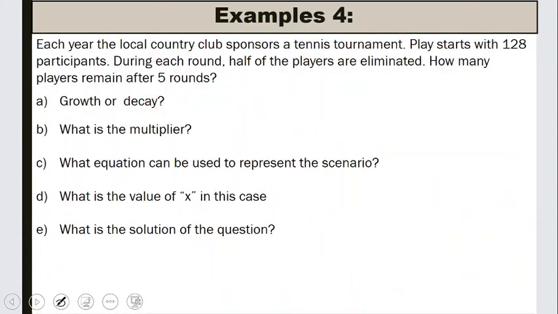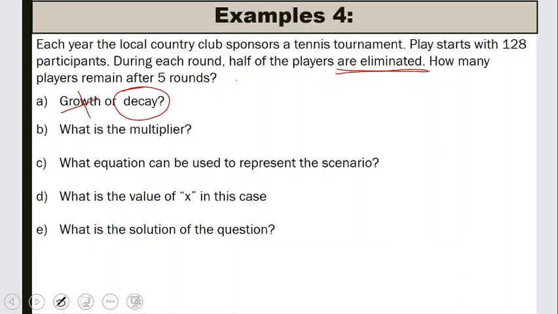The final example in this lesson: each year this local country club sponsors a tennis tournament. At the start of the play, there are 128 participants. During each round, half of the players are eliminated. When you eliminate something, it decreases, so we are dealing with a decay in this case.